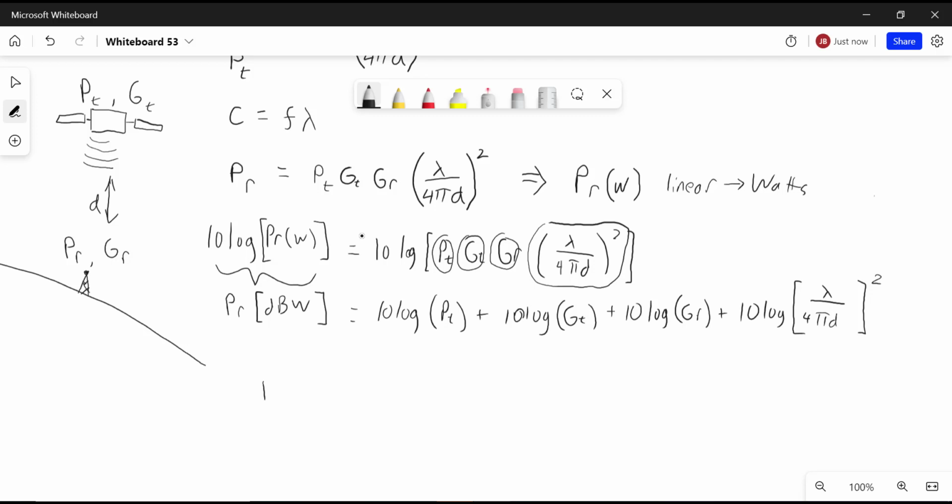So now what I can say is PR in dB watts is equal to, following the same definition, PT in dB watts plus 10 log of GT. The gains are typically referred to in reference to an isotropic radiator, and we'll have a little bit of supplemental content on that, but we're just going to go ahead and use that definition.